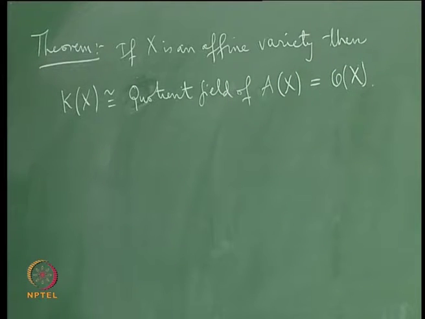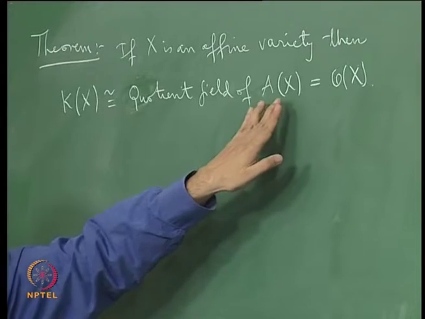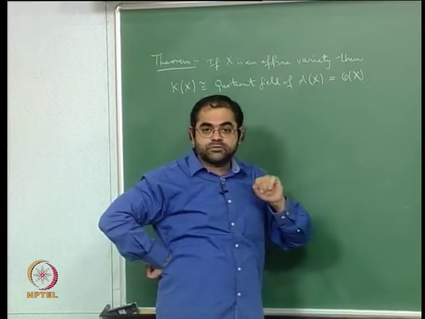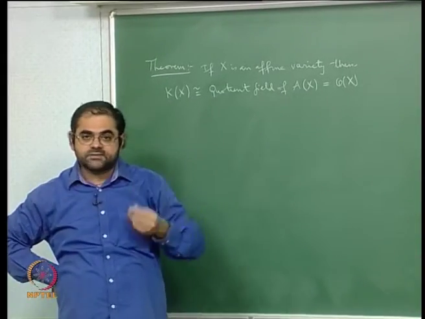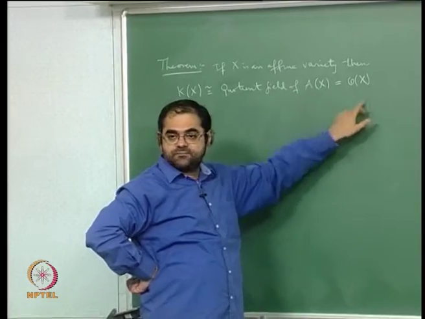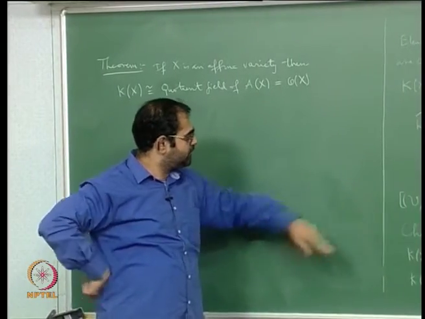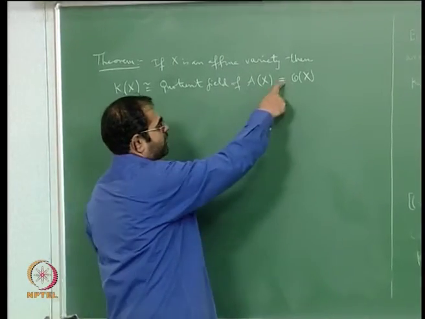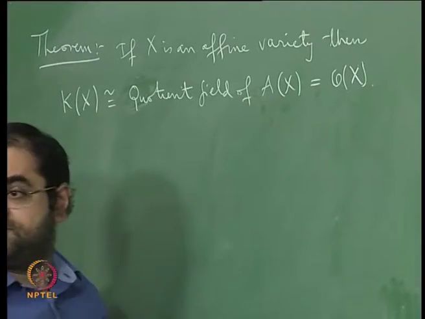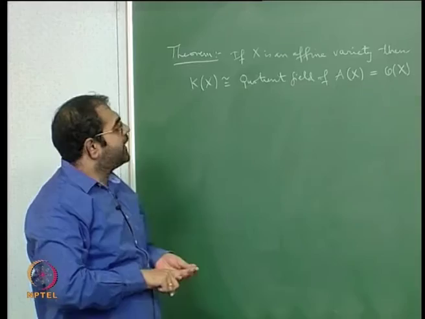If x is an affine variety, then we have defined Ax, the affine coordinate ring of x, and we have proved that the affine coordinate ring is equal to the ring of regular functions. This equality is being thought of as functions, because we think of a function here also as defining a function there and conversely.